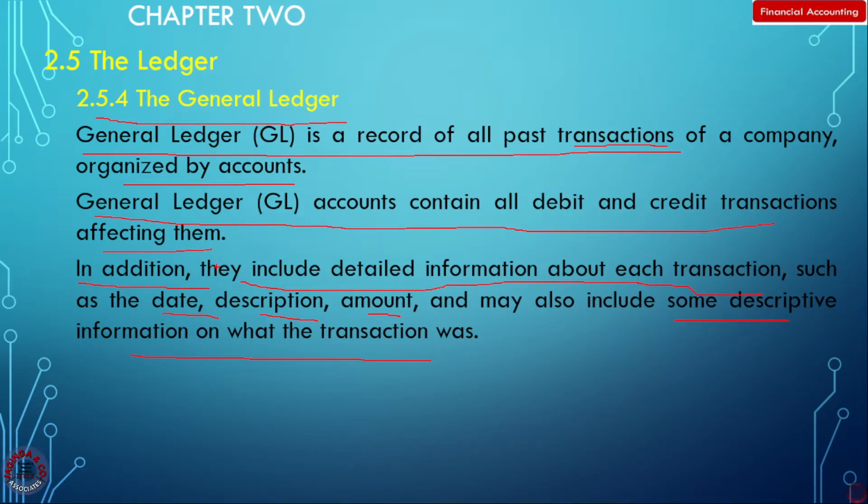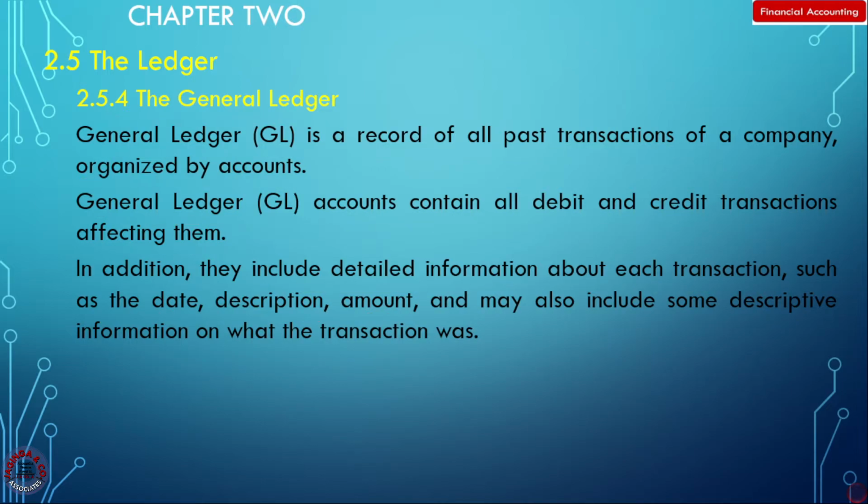So the general ledger is a record of all past transactions of a company. What you need to know in summary is that the general ledger is a record of all past transactions of a company organized into accounts.